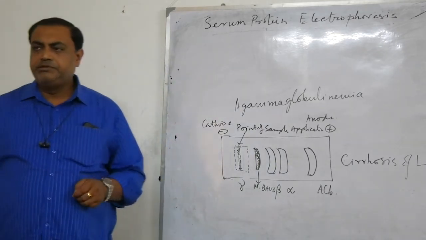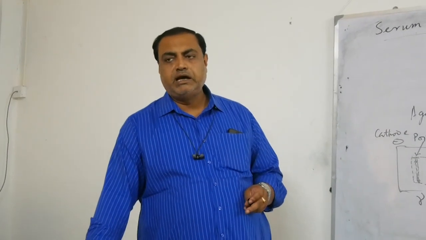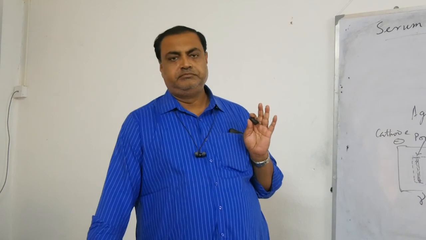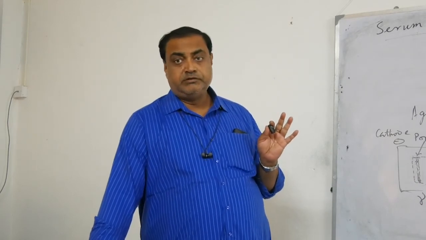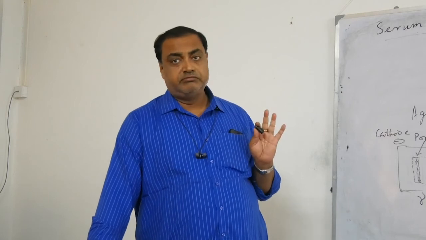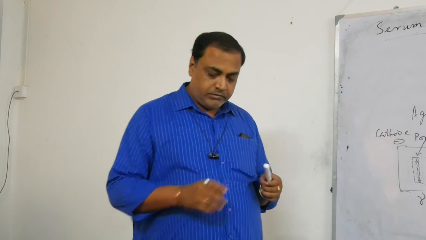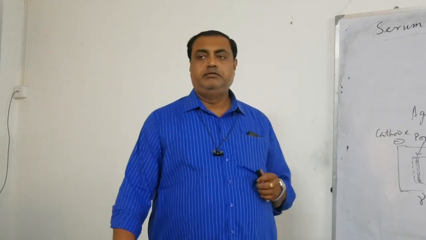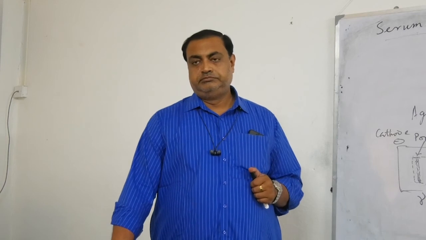Now, sometimes we get an extra band between beta and gamma, and that is very prominent. It's not faint, mostly it is very prominent. Now, here could be a source of confusion. Why?